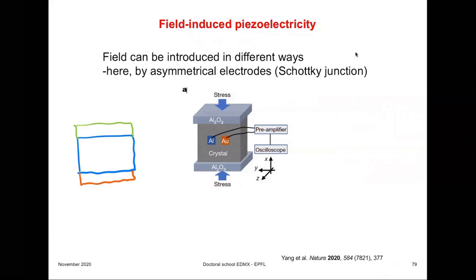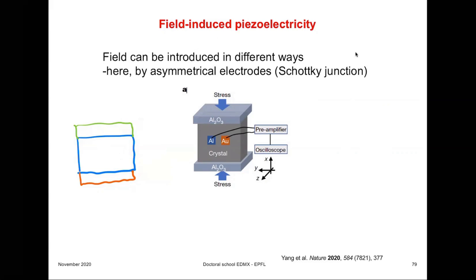So this is metal, and this is our insulator or semiconductor, a semiconducting centrosymmetric material. Now, whenever you have a junction between metal and insulator or semiconductor, you will bend the conduction band.